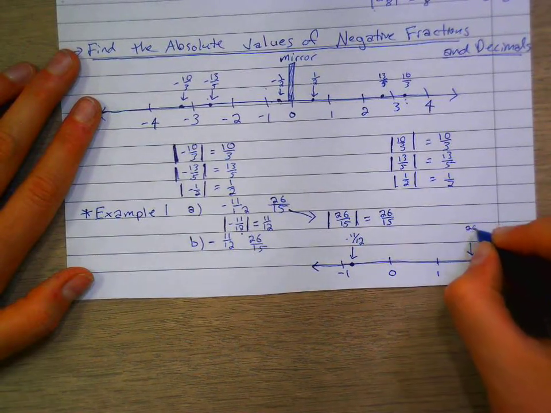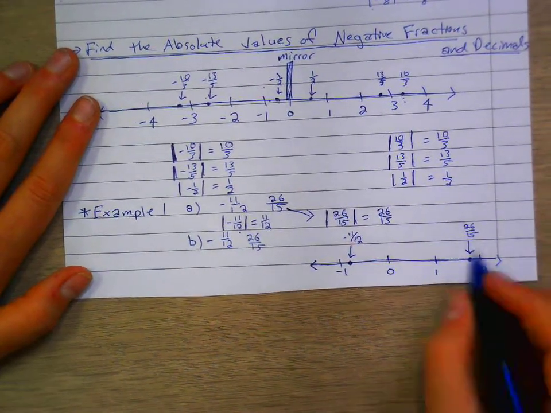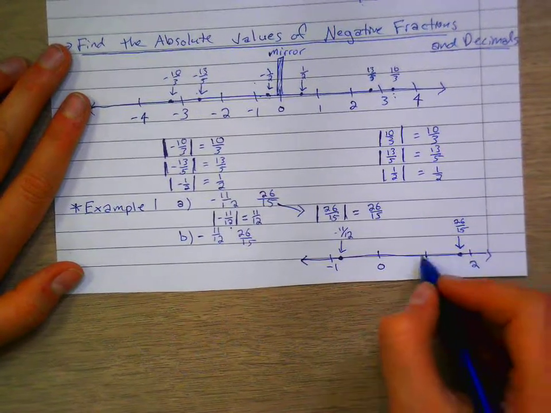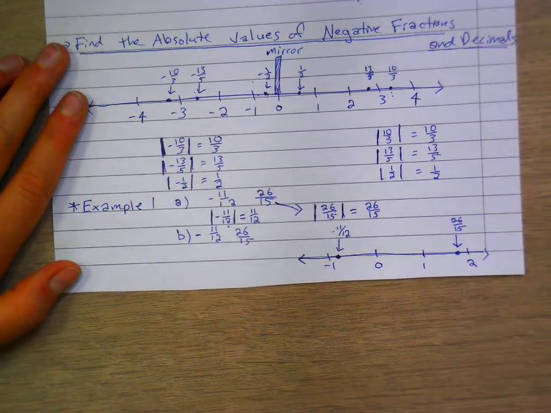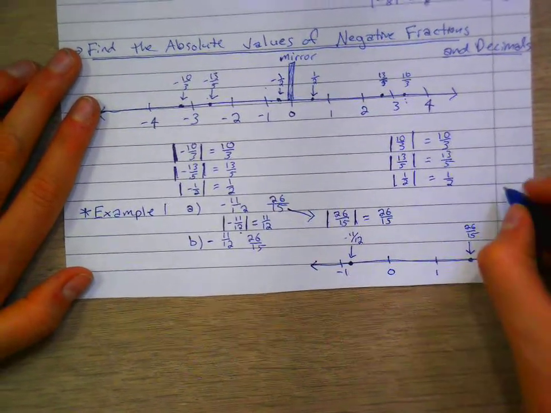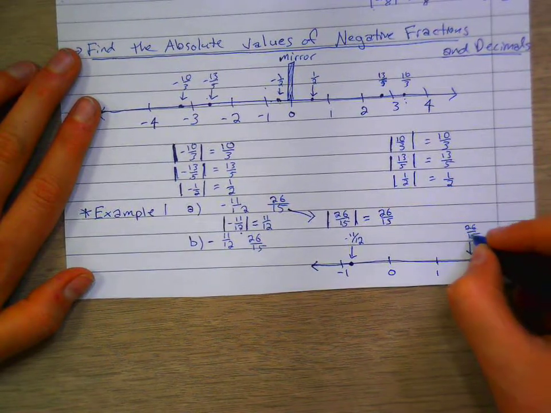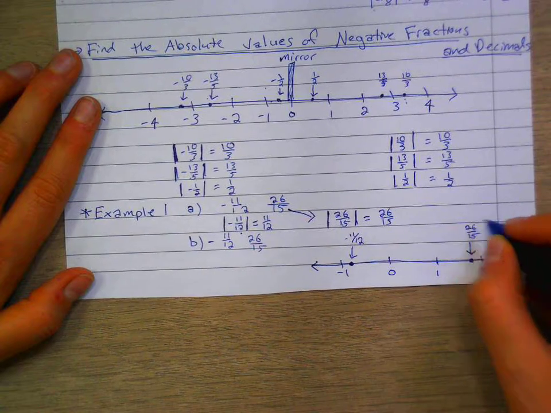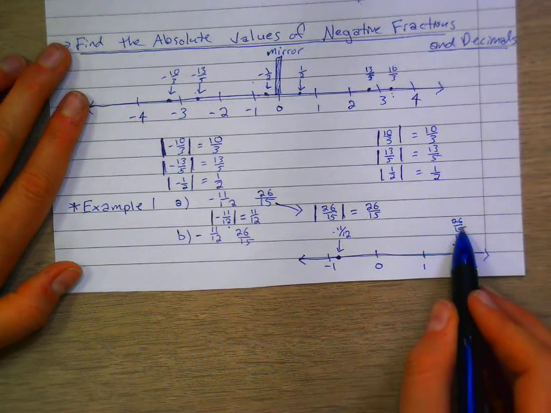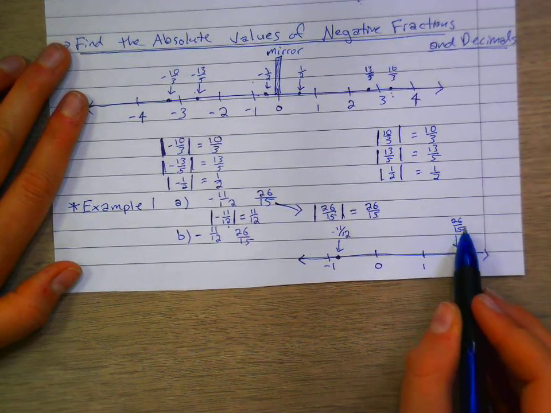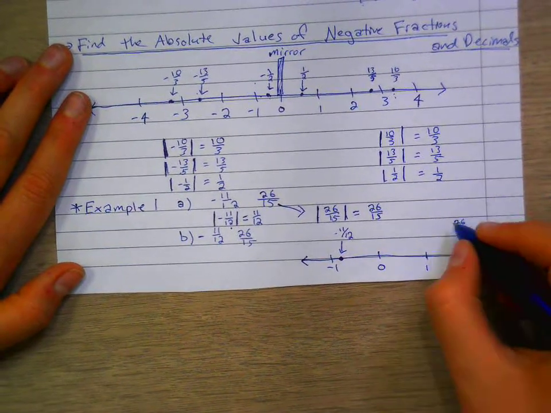If you're not sure how to find where a fraction fits on the number line, a simple trick is to see how many times this bottom number will go into the top number. In this case, 15 will go in once. That gives us 1.